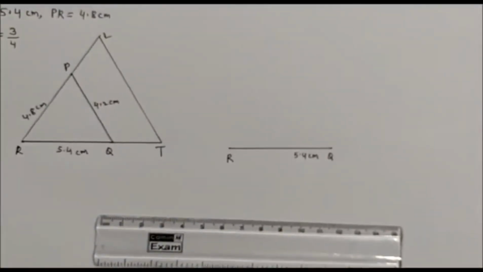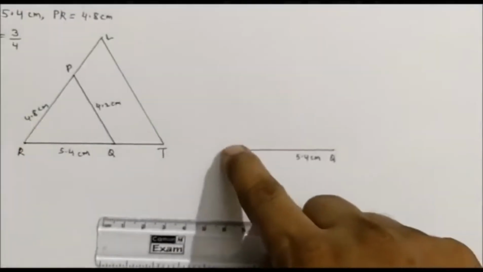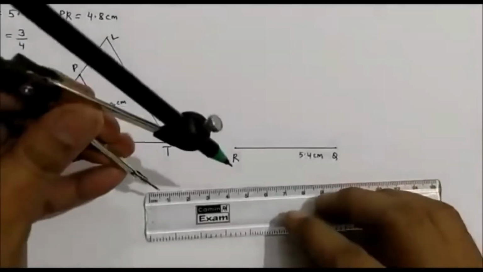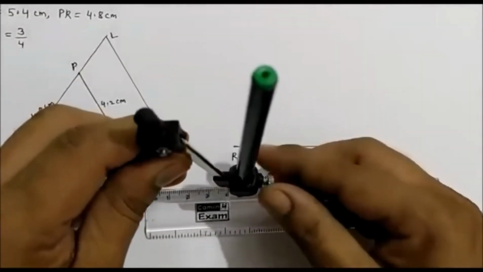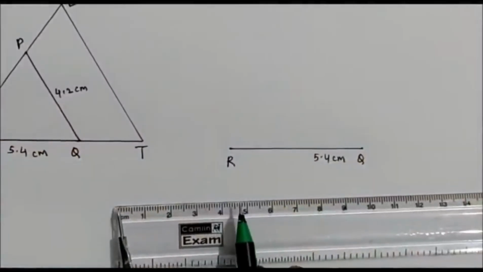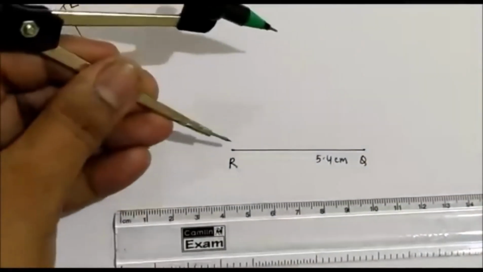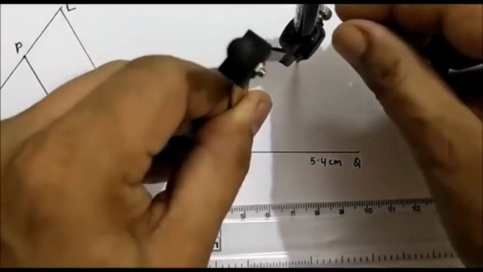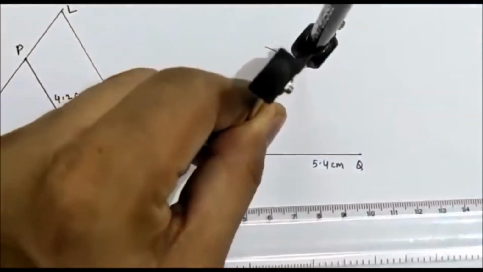Now 4.8 and this is 4.2. So you will take distance of 4.8 and from this point R you cut an arc. Okay, 4.8 centimeter. See here we have taken 4.8 centimeter. From this point R we will cut an arc of 4.8. You can see that.